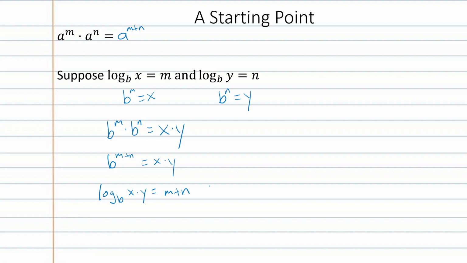All right, well, what's m plus n? We said m is technically the log base b of x, and n is technically the log base b of y. So we now see that the log base b of x times y is the same thing as the log base b of x plus the log base b of y.